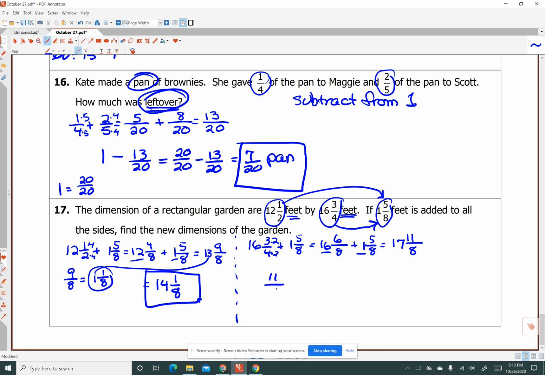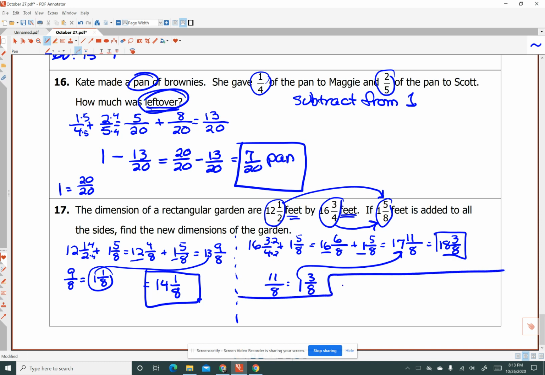And 11/8 equals 1 3/8. So we'll add 1 to the 17 to make 18 3/8. And this is feet. So final answer, 14 1/8 feet by 18 3/8 feet.